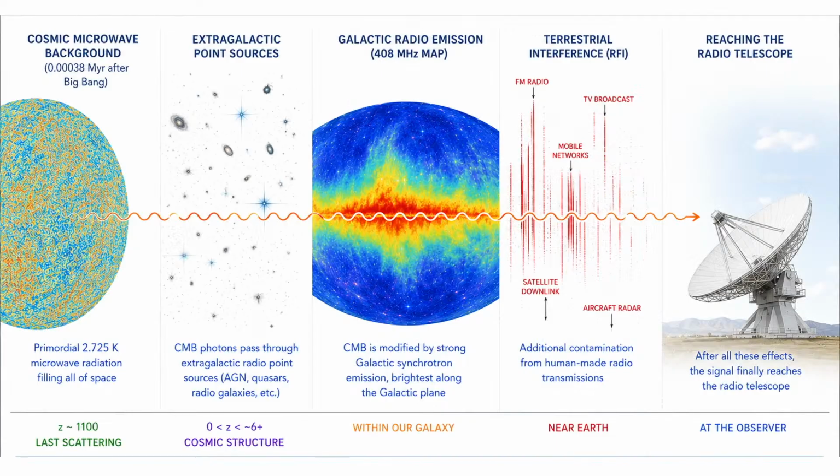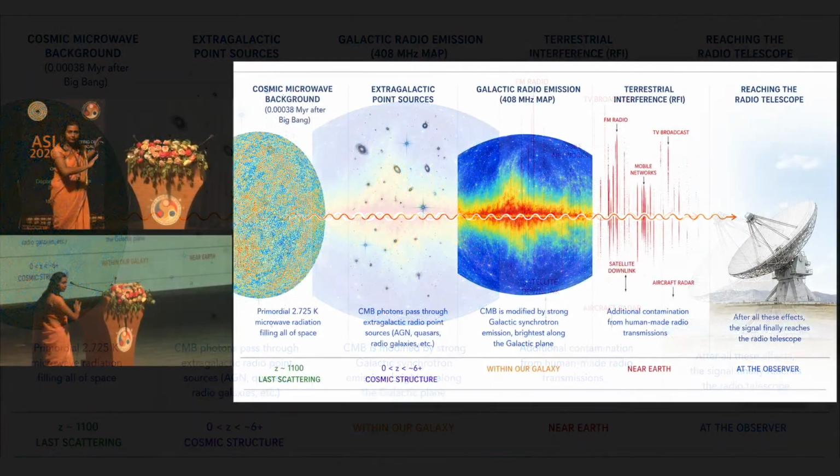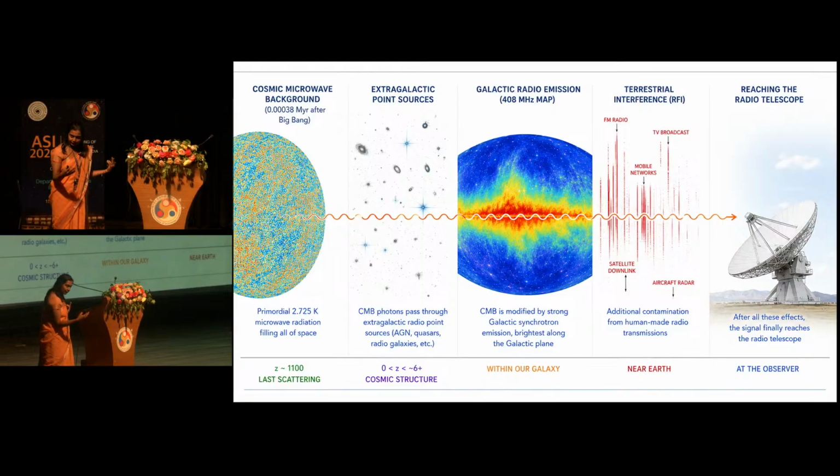But before you try to build an experiment, let's see what the challenges are. So on the left is the cosmological signal we are trying to find. That signal is already faint because of the baryon to photon ratio being very skewed.